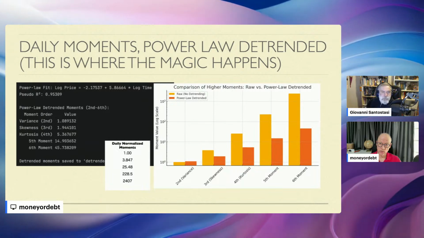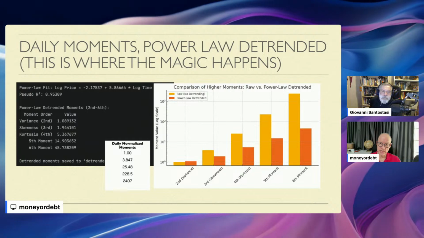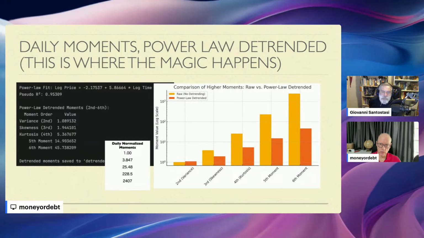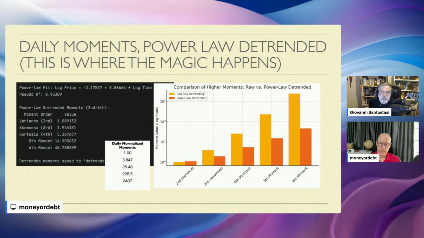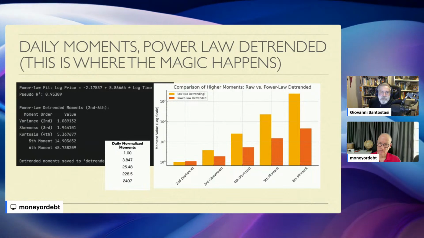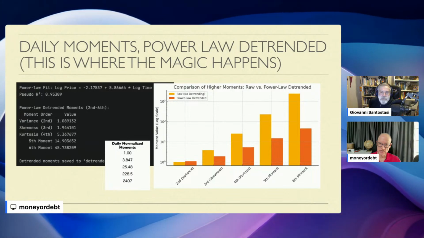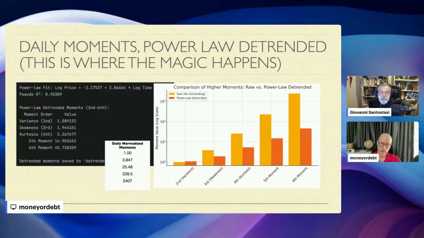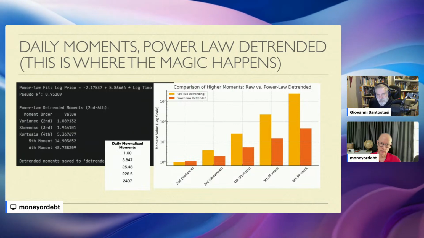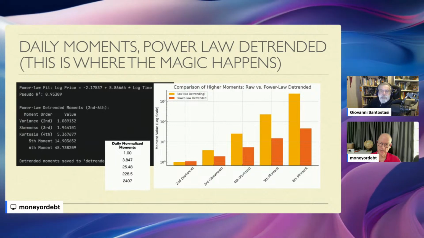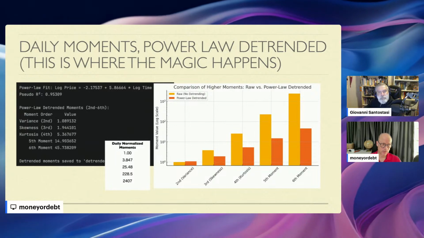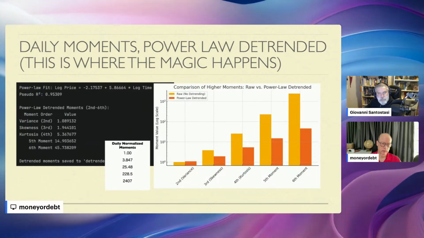And now you see the values are much, much lower. The skewness is 1.9, the kurtosis 5.4. These are daily. The fifth moment is now 15 instead of something that was several hundred or well over 100. And then the sixth moment is 46 instead of over 2,000.